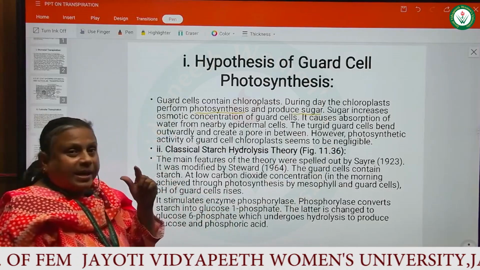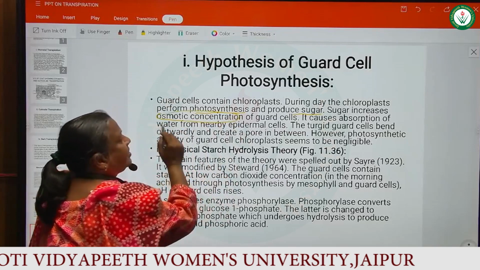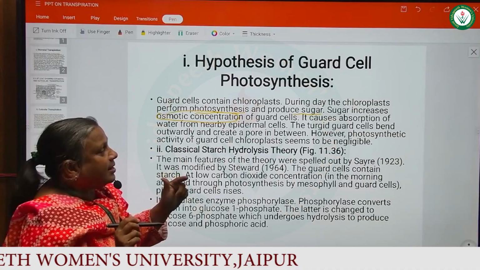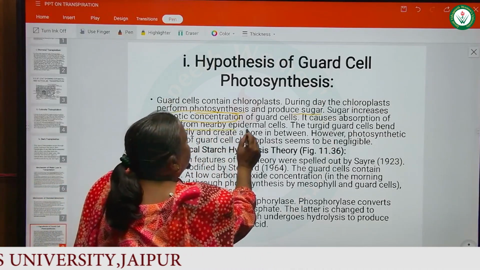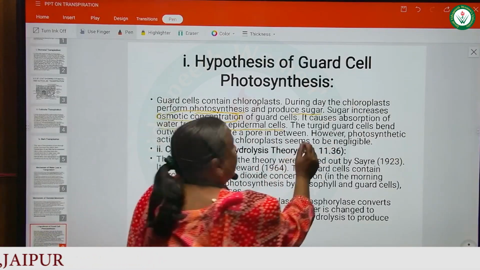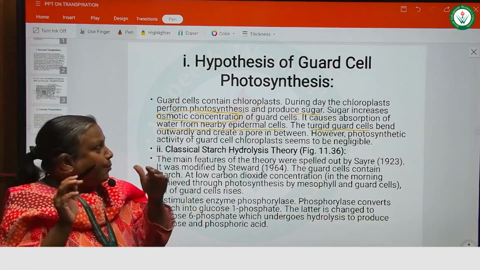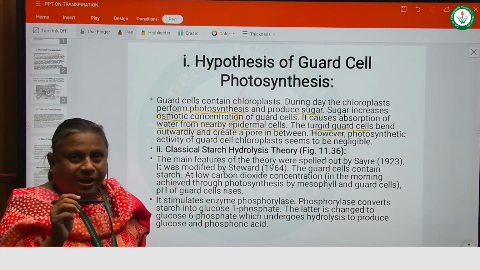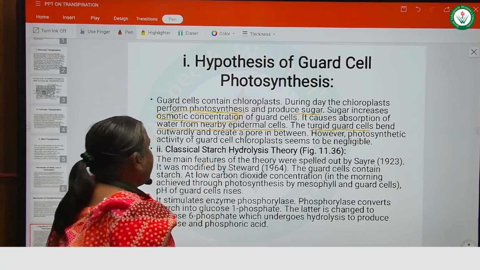Sugar increases the osmotic concentration of the guard cells, and it causes absorption of water from nearby epidermal cells. So the turgid guard cells bend outwardly and create a pore in between. However, the photosynthetic activity of the guard cell chloroplast seems to be negligible.